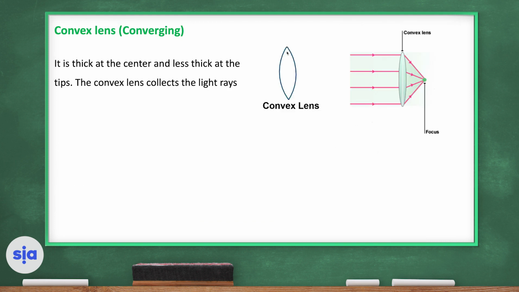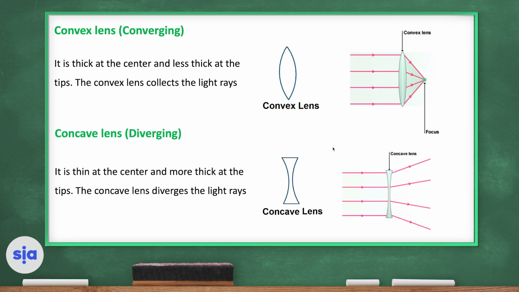Let's see the convex lens. This is a convex lens. It's a converging one. It is thick at the center and less thick at the tips. And the light rays will collect. This means converging. When the light converges, it collects.